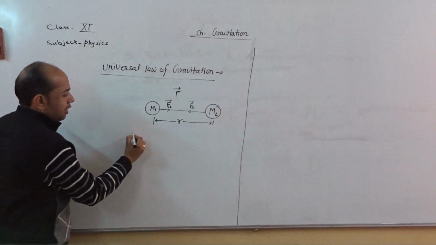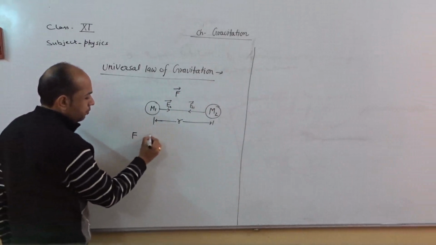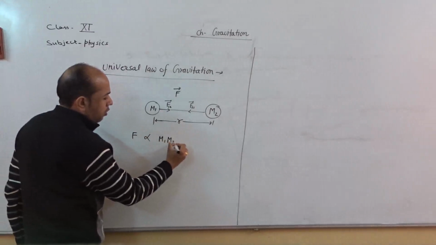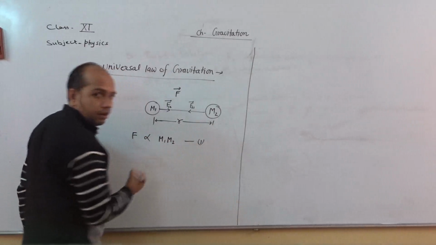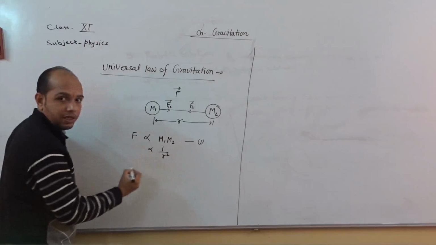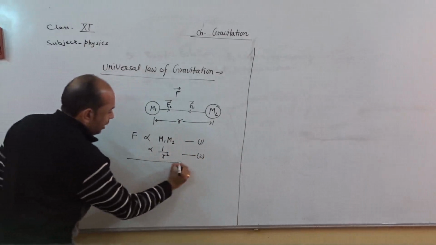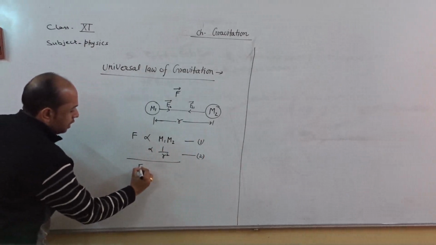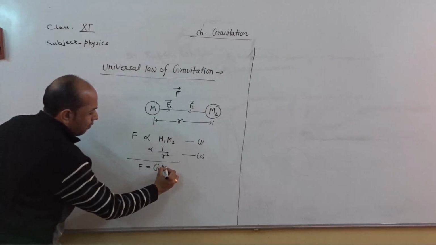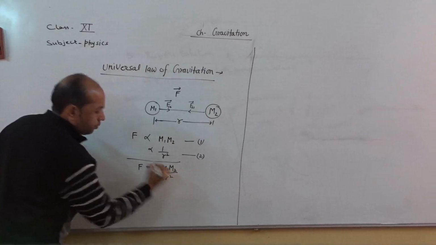So this law states that the force of attraction, not repulsion, is directly proportional to the product of masses and inversely proportional to the square of the distance between them. When we combine these two, F is equal to G m1 m2 upon r square, where G is the constant.